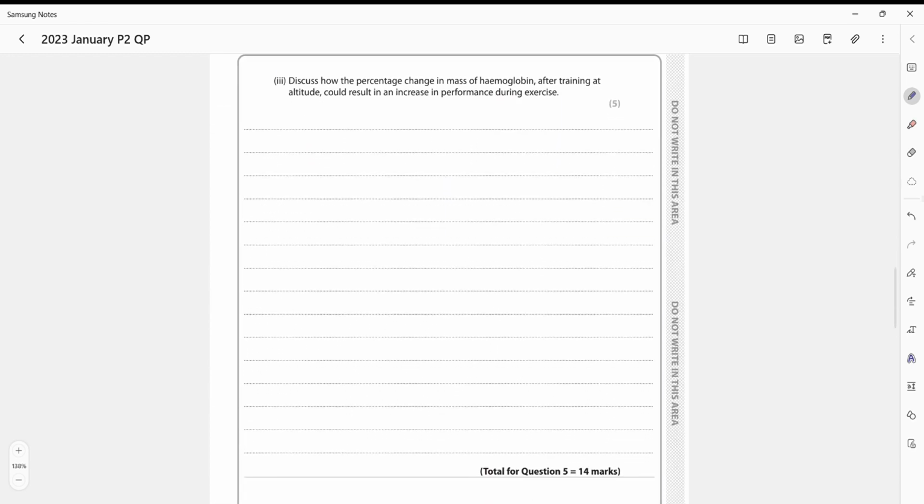So we can say as the period of training increases, the mass of hemoglobin increases.